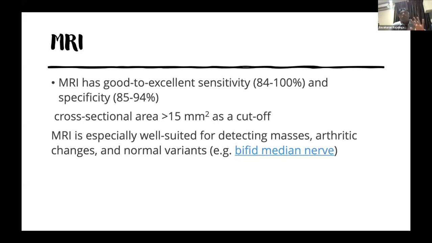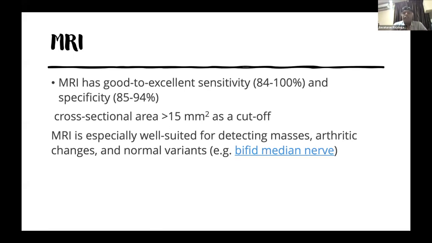The problem between MR and ultrasound is they don't have the same cutoff values for the cross-sectional area of the median nerve. This is because in ultrasound, generally we give a slight compression to the nerve. That compression is approximately plus or minus 5 millimeters square on ultrasound. But on MR, there is no compression on the median nerve.